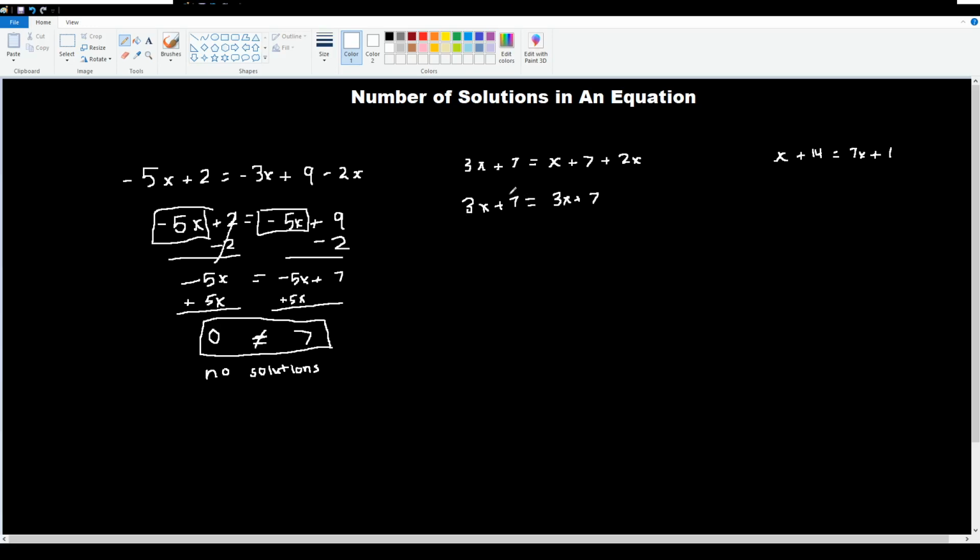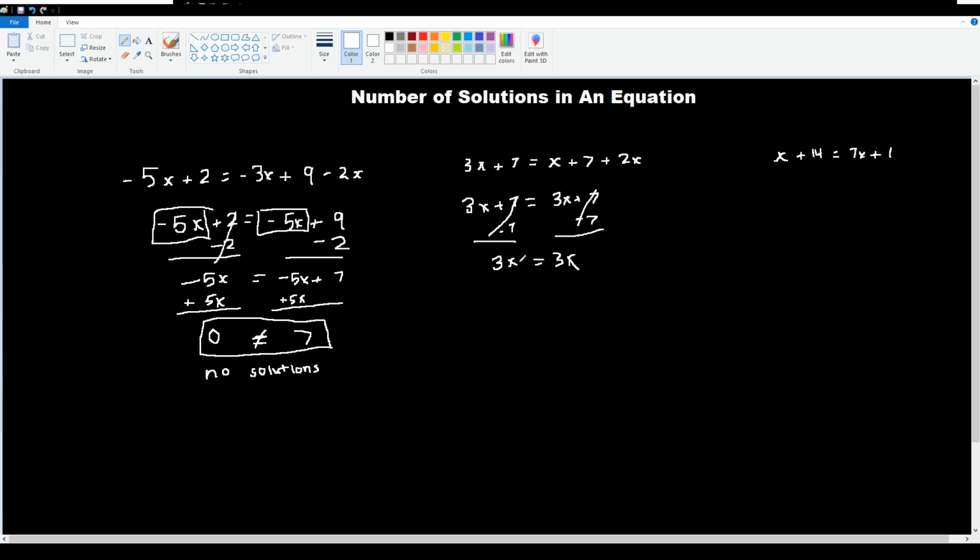But just in case you still haven't figured it out, let's solve this and subtract 7 on both sides. What you get here is 3x equals 3x. That's basically the same thing as saying 1 equals 1, or 2 equals 2, or 0 equals 0.